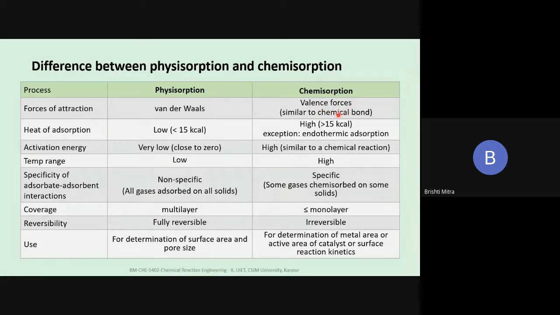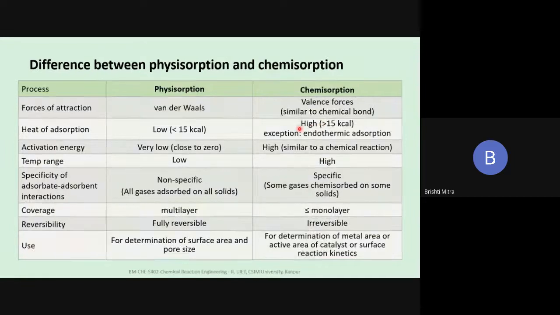These are similar to any chemical bond that is formed between two species. The heat of adsorption is low in this case, less than 15 kilocalories per mole. And this is high in this particular case, where it is greater than 15 kilocalories per mole, with the exception of an endothermic adsorption, which I said is not very common, but it is possible.